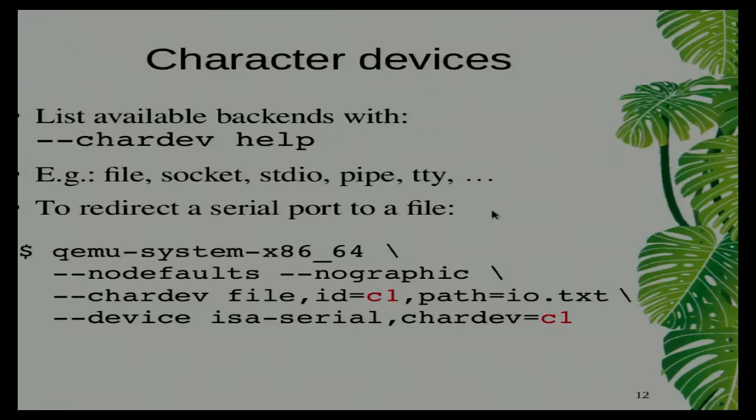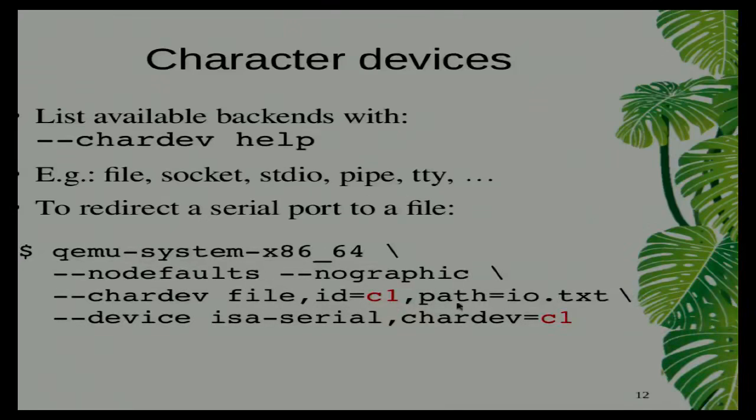So, for example, to redirect a serial port of the guest to a file on the host, you could run QEMU. In this case, I started with no defaults because I want to avoid that QEMU configures a default serial port. And I also do not want a VGA card in this case. I'll explain why. Then you say -chardev file, and you have to give it an ID, an identification string, in this case c1.